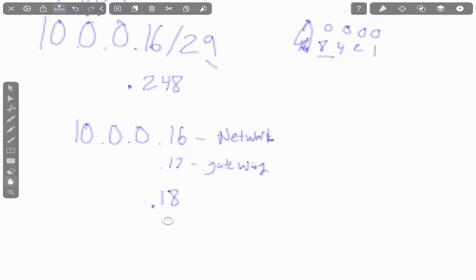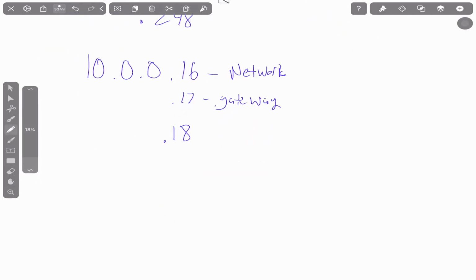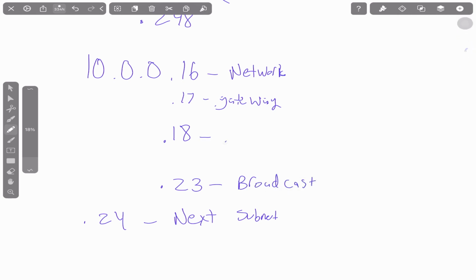Remember, our next network, our next subnet up, technically, would be that slot .24. That would be the next subnet. But we want to drop it down because we're still trying to figure the other one. So .23 is going to be your broadcast, which means you only have until .22 as your range.